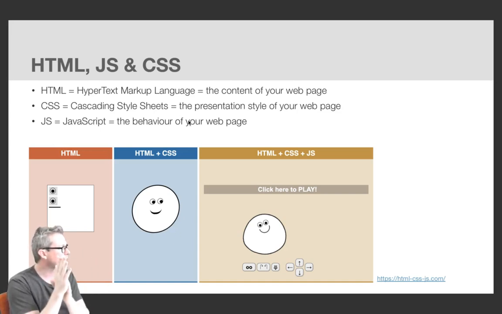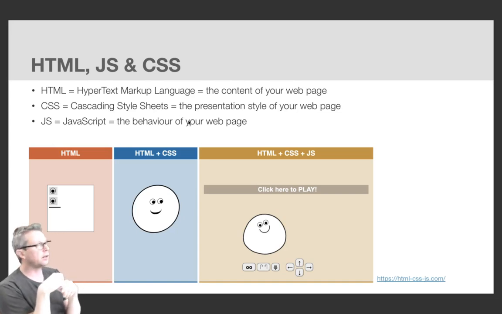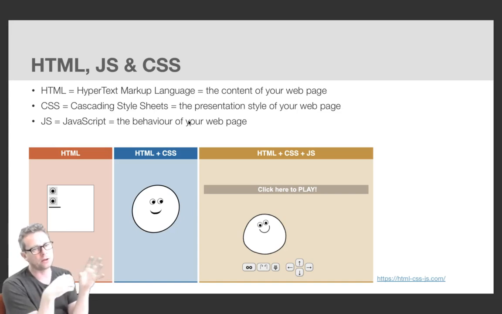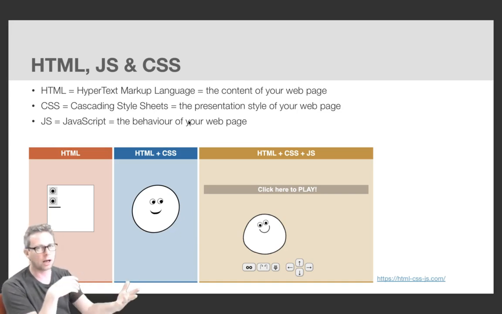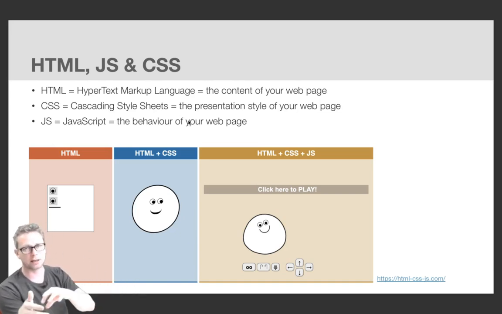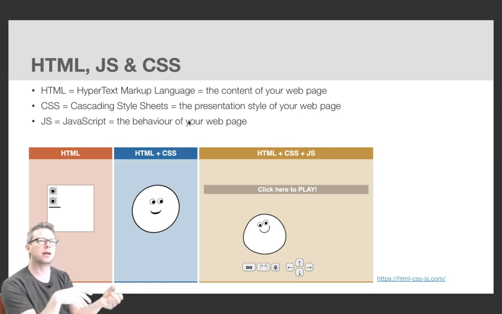The CSS is the next part, and that really defines the way that a web page looks, how it's presented to a user. CSS, another acronym, stands for Cascading Style Sheets. And again, thinking about that New York Times web page, the CSS would be defining what color the background of the page is, what color the text is, how big the headings are, what fonts they use, how the images fit in with the rest of the text.